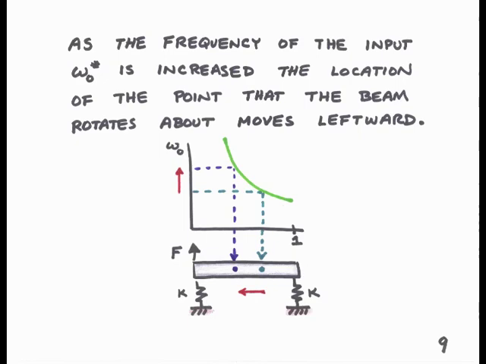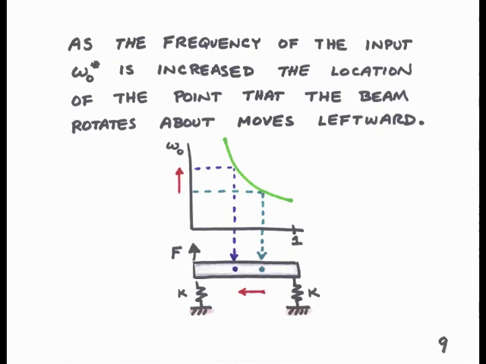Now what I'd like to discuss is how this point, the point of no movement, changes as the frequency changes. So if we start off with a low frequency, omega 0 star equals square root of 3k over m, then this point of no rotation will be at the far right end of the beam.